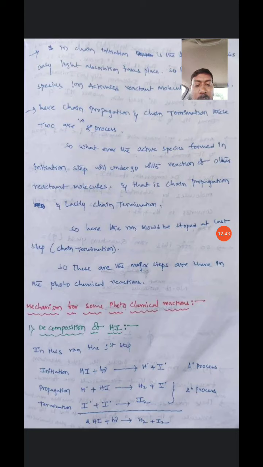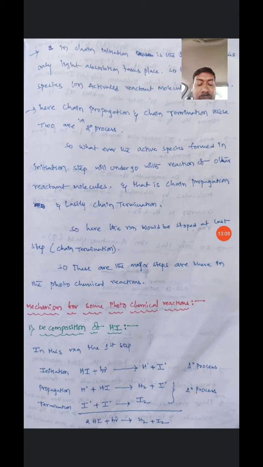Second step, the propagation step. In the initiation step, two radicals are formed, a hydrogen radical and an iodine radical. In the second step, the hydrogen radical reacts with another HI and forms H2 and an iodine radical.